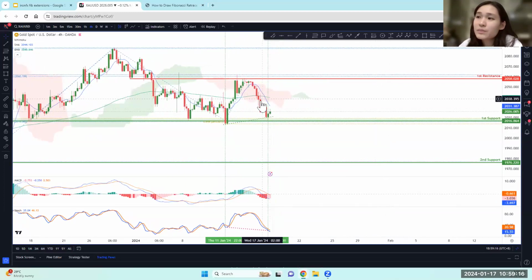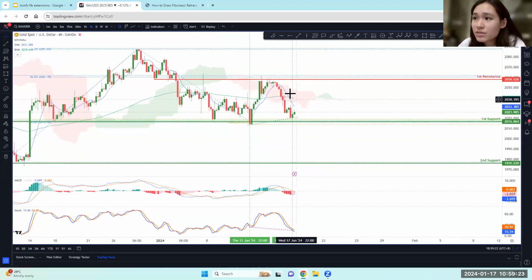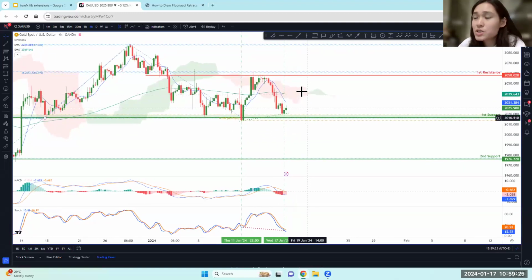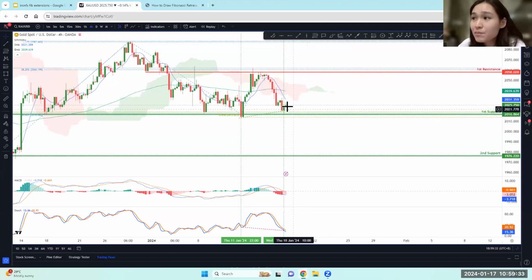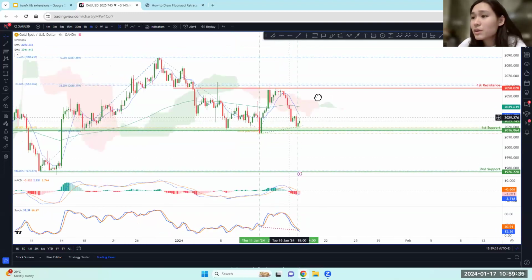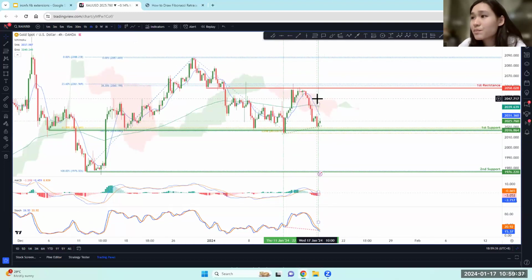With the SMA and EMA, price is moving below both of these indicators and they recently crossed over each other, which could suggest a change in trend. It's been pretty uptrend recently, and now we're seeing a downtrend. So that also supports our bearish analysis.